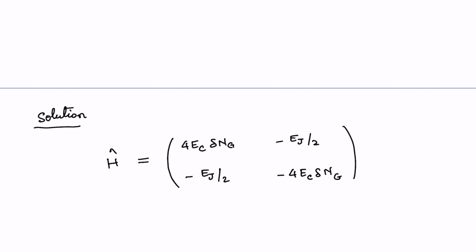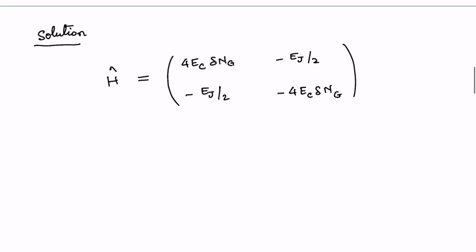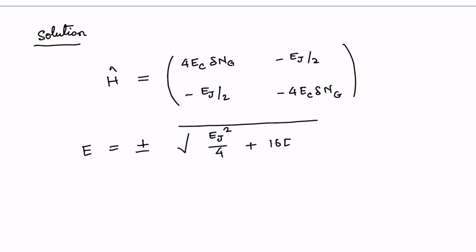We can immediately get the eigenvalues as E equal to plus minus square root of Ej squared by 4 plus 16 EC squared delta Ng squared.